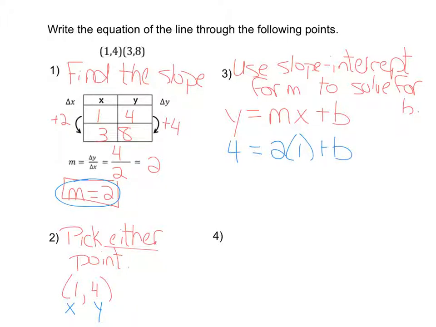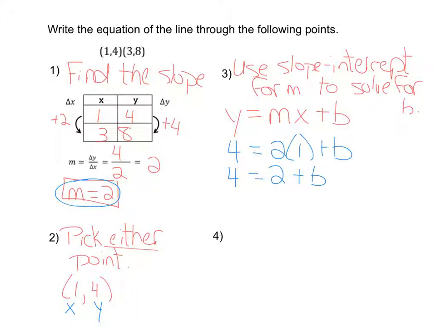So we plugged in m, x, and y into y equals mx plus b, and we're going to solve for b. So this is just an equation at this point. We're going to copy the 4. 2 times 1 is 2. 2 plus b. All right, how do I solve for b here? This is a one-step equation.